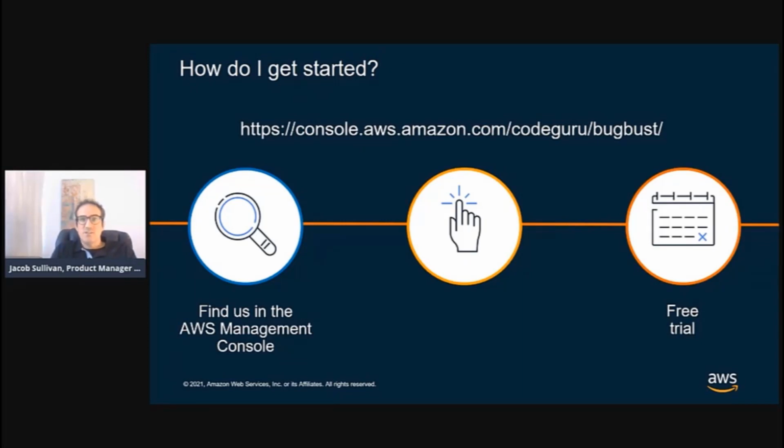Once the free tier does expire, you'll be charged for the use of Amazon CodeGuru Reviewer and Amazon CodeGuru Profiler based on your usage of those services, and you can find their full pricing list in the AWS console. Today, the BugBust capability is available in US East with availability in additional regions where CodeGuru is coming soon.